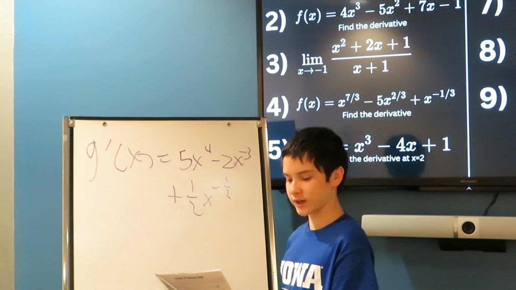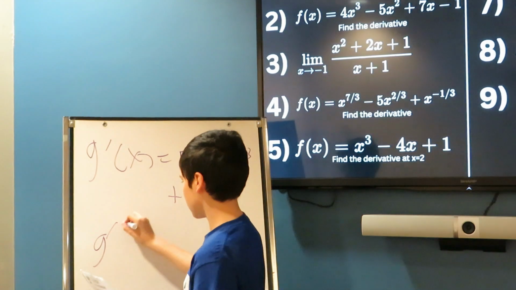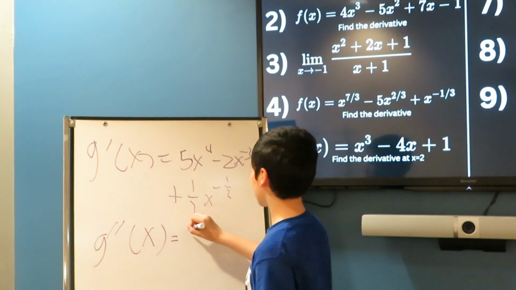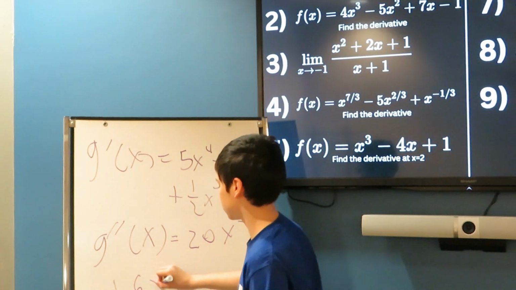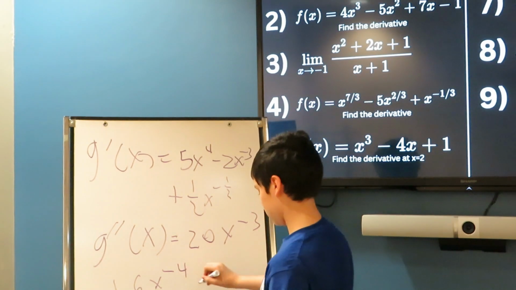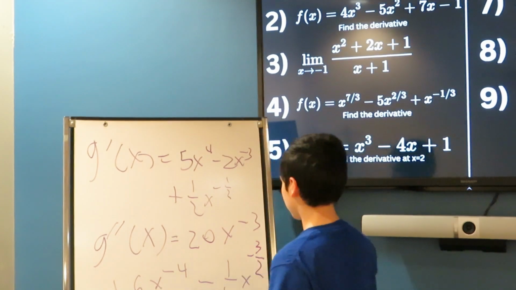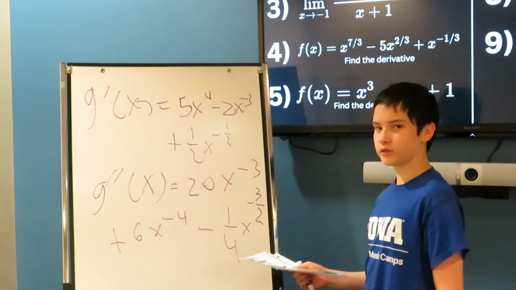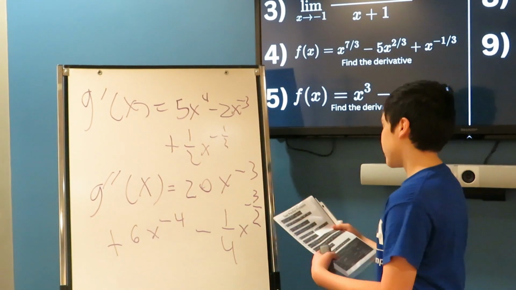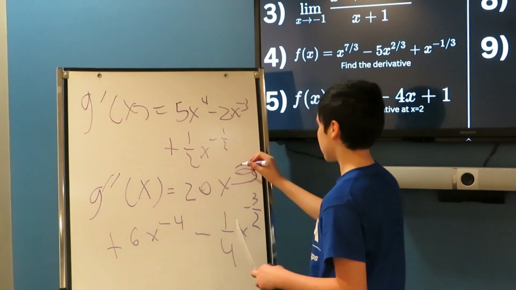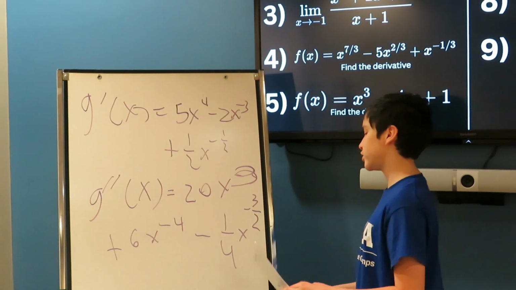Now let's take the derivative again. Okay, and we get the derivative of the derivative of g of x equals 20x cubed plus 6x to the negative 4th minus 1/4 x to the negative 3/2 power.